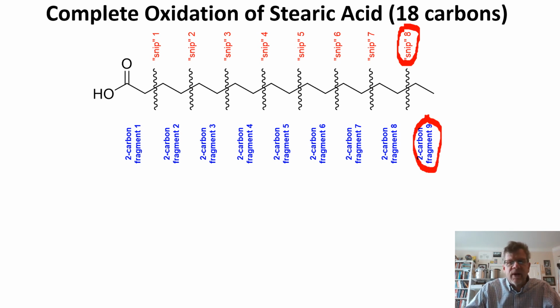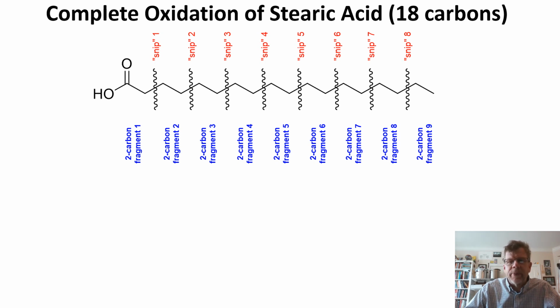So that is where we're going to start. Remember, each time we snip 2 carbons off, that drives the formation of 5 ATP. Each 2-carbon fragment powers 1 turn of the citric acid cycle, which is in essence 12 ATP.